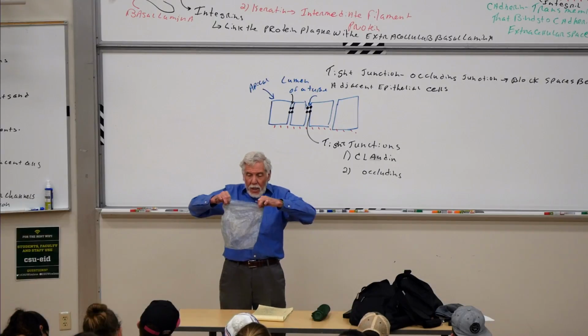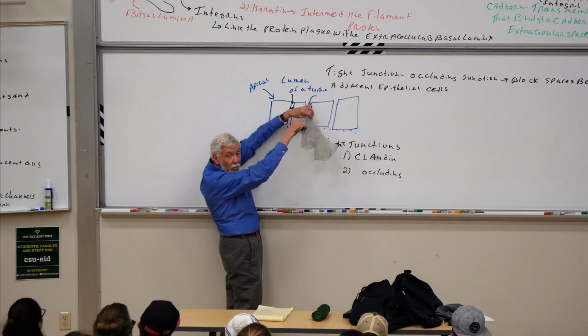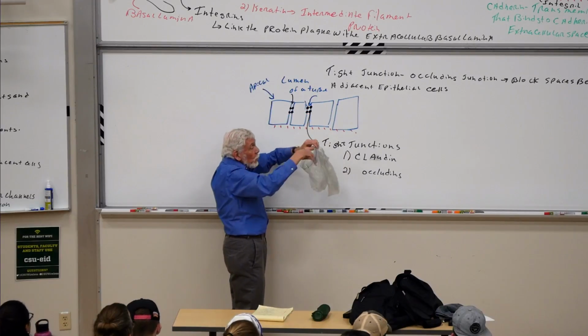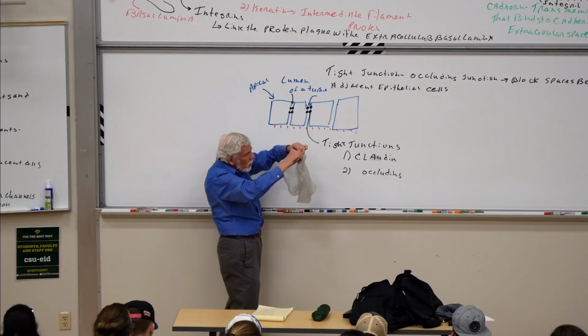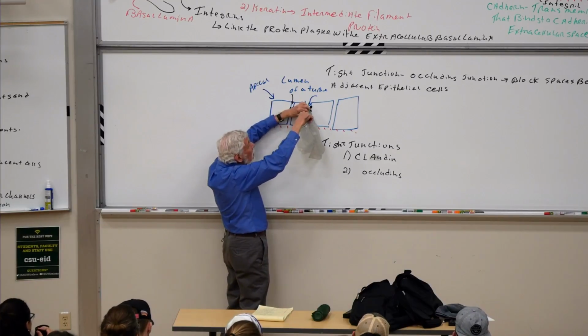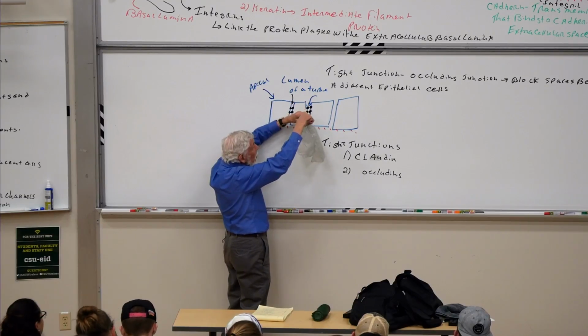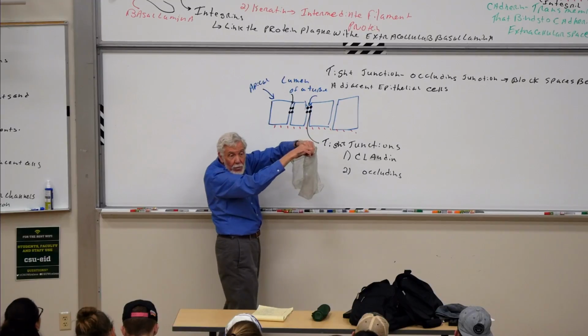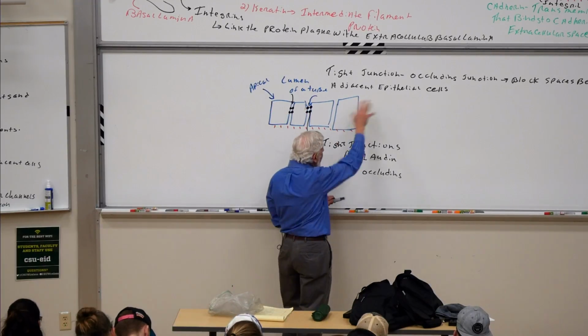And when you zipper them together, you effectively have the same thing as I've shown here. Of course, if this were a proper cell, the top would be closed, and the tight junctions would hold much better. But now you can see how you have blocked the space between these two cells so that things can't get down between them. So that's basically the function of these occluding or tight junctions.